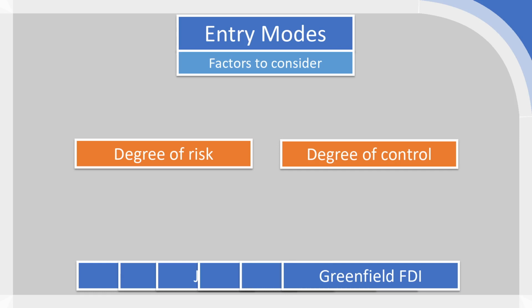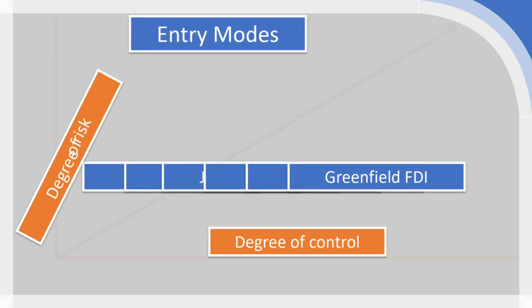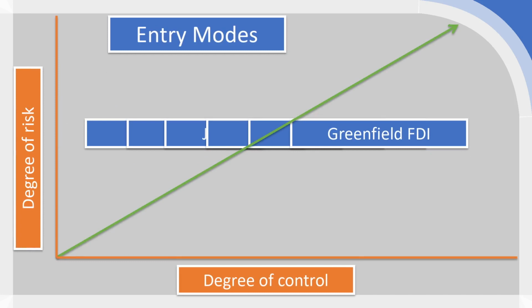So we can arrange our entry modes in a table that looks something like this. So we have degree of risk there along the left, and we can see with the green line that as our degree of risk increases, so does our degree of control. And this is a pretty basic principle when we're considering entry modes.